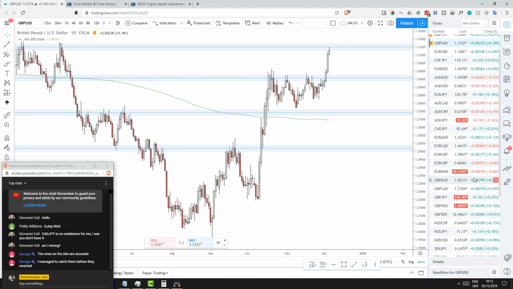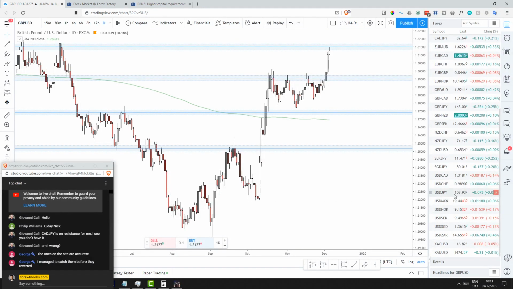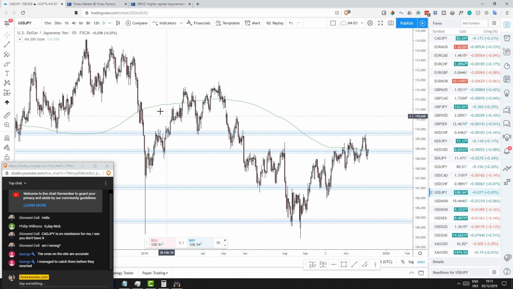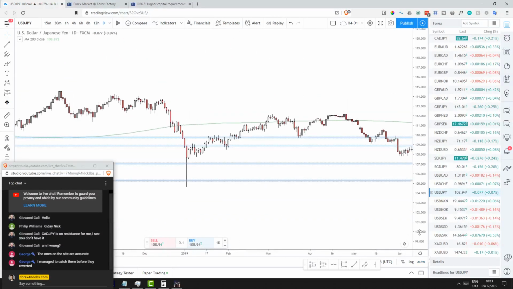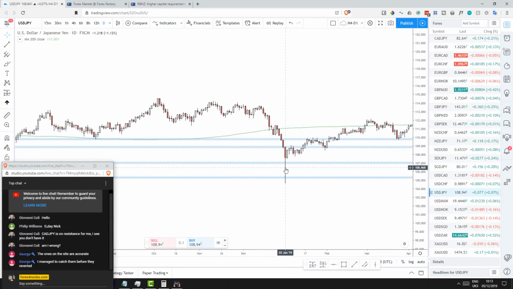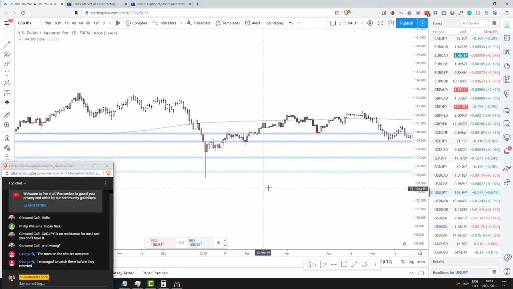If you remember, USDJPY is a good example of this. Back in January last year, we had this crazy spike down. During low liquidity periods, the market's susceptible to these kinds of spikes. So that's why a lot of the big positions get closed out over the end of the year.